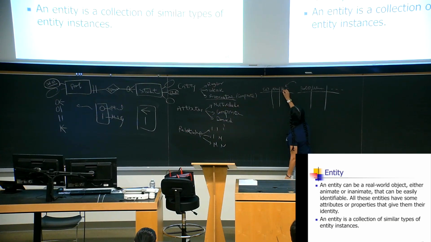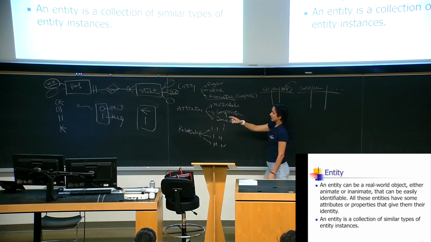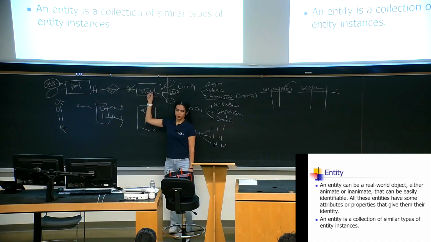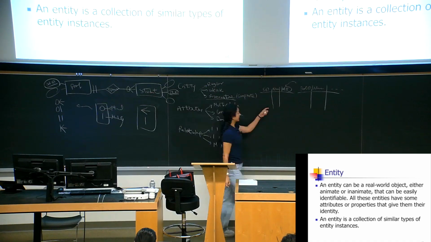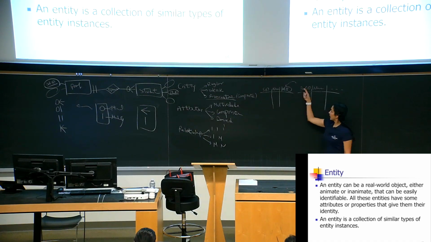And we know why, right? Because if you just want to memorize it, which I don't recommend, you always add the foreign key to the many side of the relationship, and the many side of the relationship is the student table. So you have to add the prof ID, which is the primary key here, as a foreign key here.